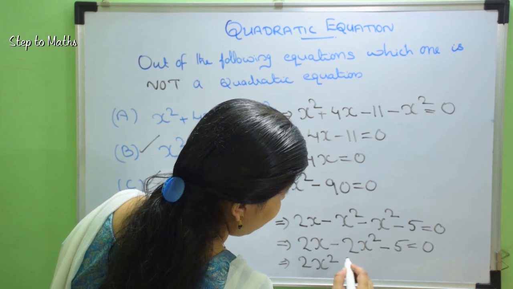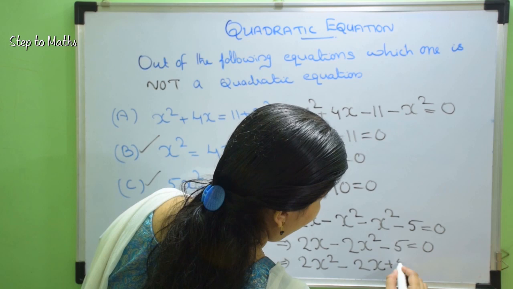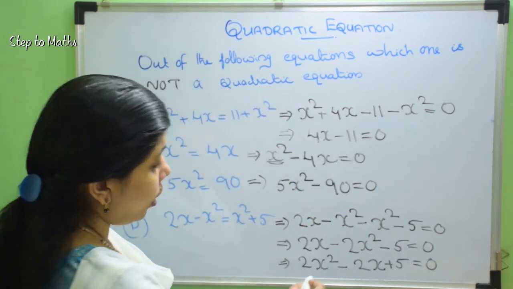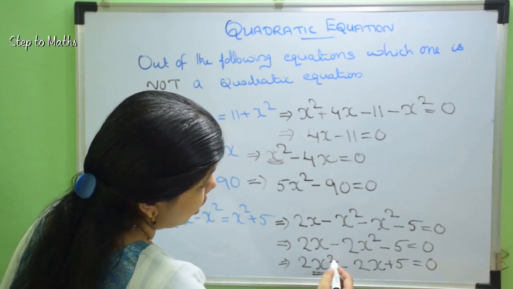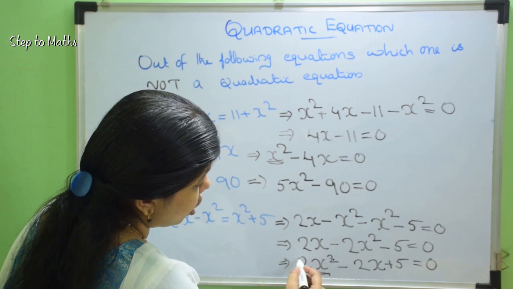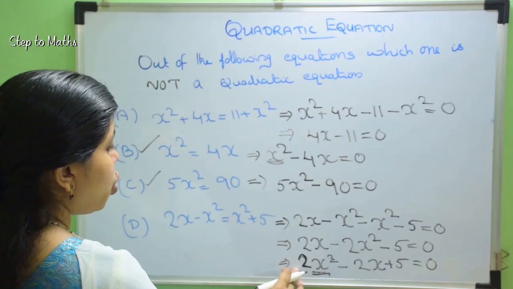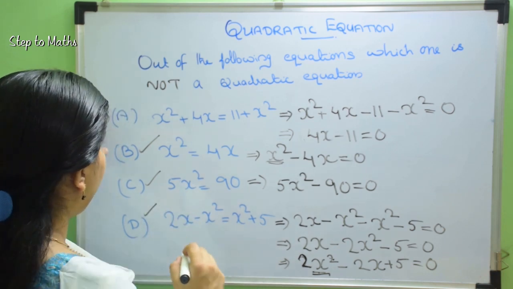2x square minus 2x plus 5 is equal to 0. Here the variable x has the highest power 2 and its coefficient is not equal to 0. So we can say that this is also a quadratic equation.